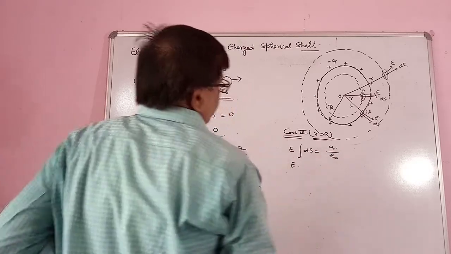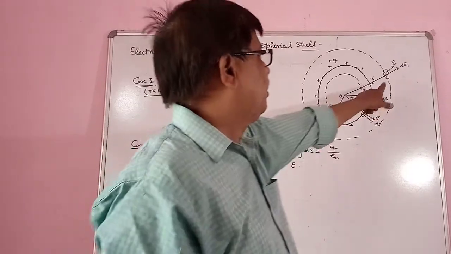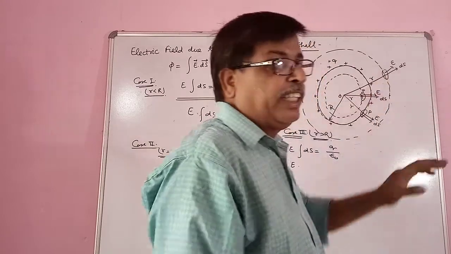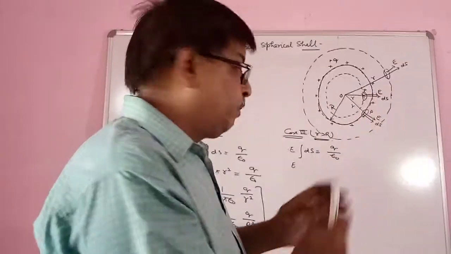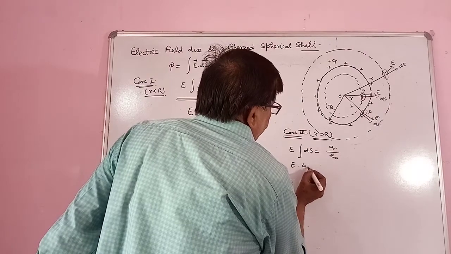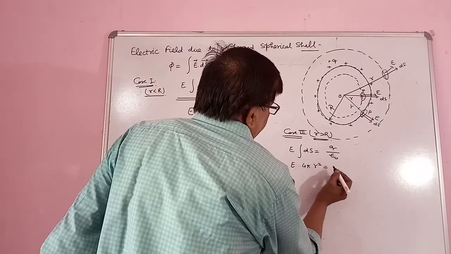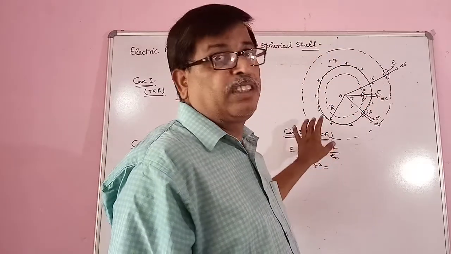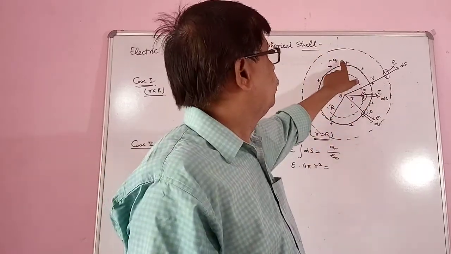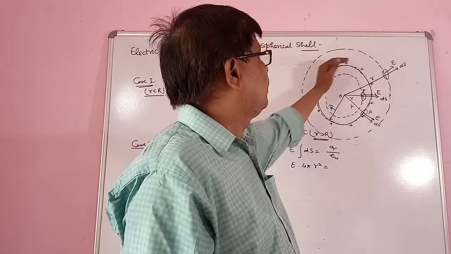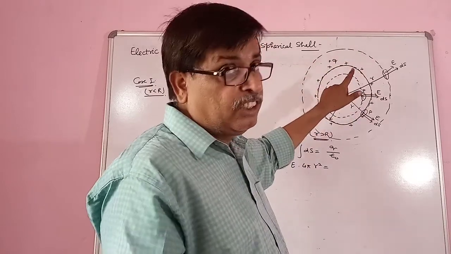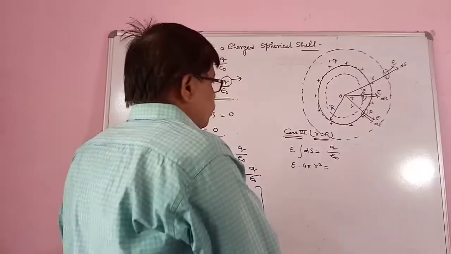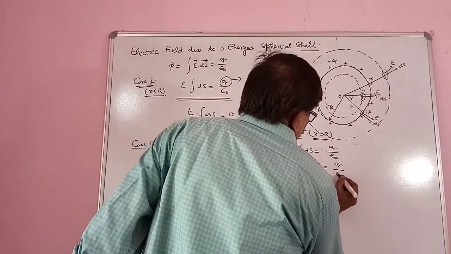Now when we integrate this ds, we get the total curved surface area of this complete sphere. So we get 4 pi r square equal to the charge enclosed by this surface. What is the charge enclosed by this surface? Q. Inside the previous surface the charge was 0, but here the charge is Q. So this is again Q over epsilon naught.